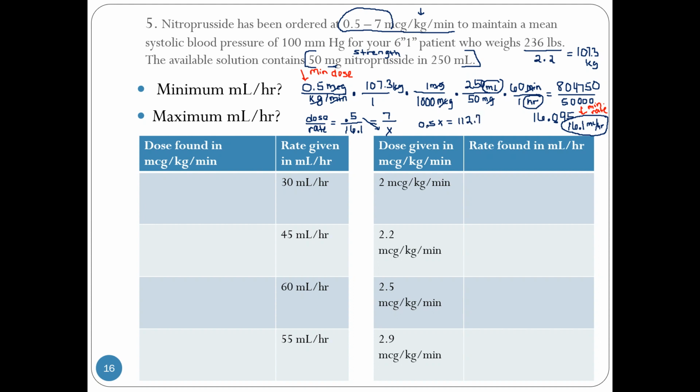And then I divide by 0.5. And so I have 225.4. And that's milliliters per hour. And so that number, it's all squeezed in there, is the maximum.